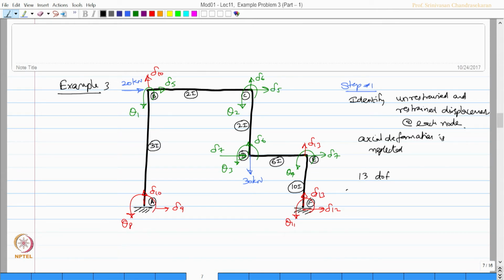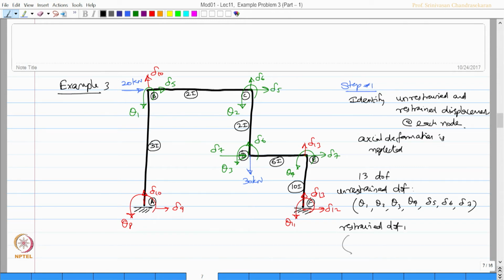Let us now say what are unrestrained degrees. We can name them theta 1, theta 2, theta 3, theta 4, delta phi, delta 6 and delta 7. What are the restrained degrees of freedom?